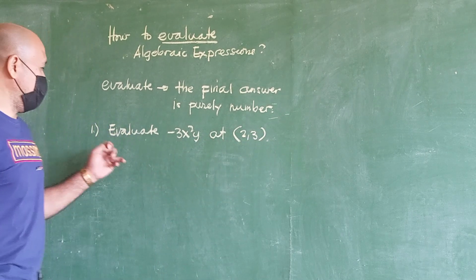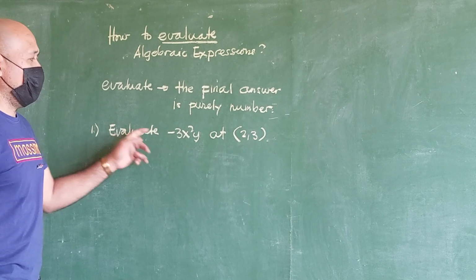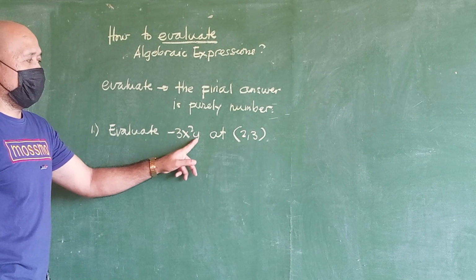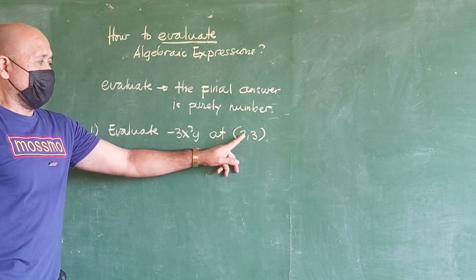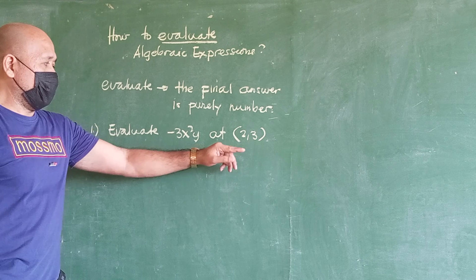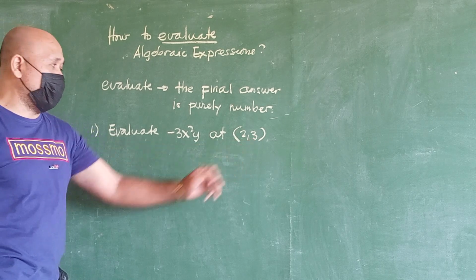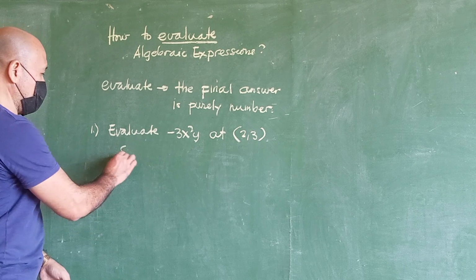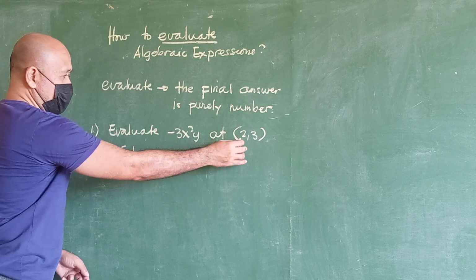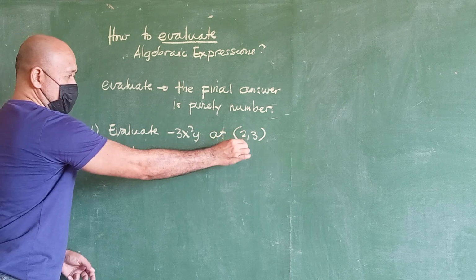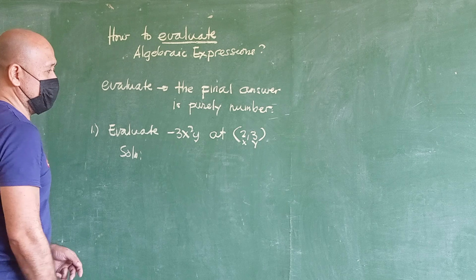For number 1, the instruction is to evaluate negative 3x squared y at the coordinates of points 2 and 3, where the value of x is 2 and the value of y is 3. In your solution, you just have to substitute the values of the coordinates, 2 for x and 3 for y.